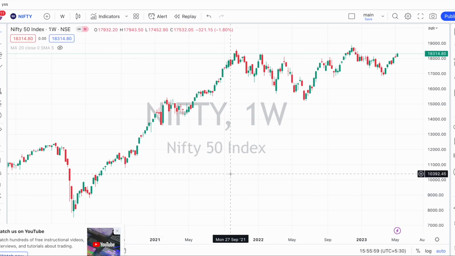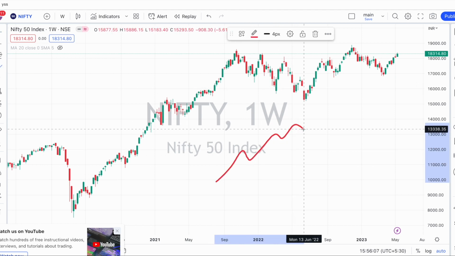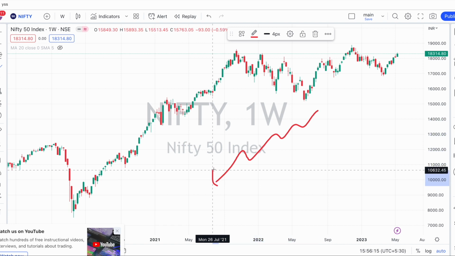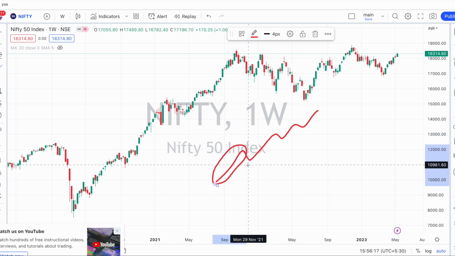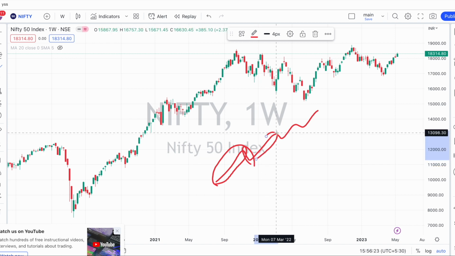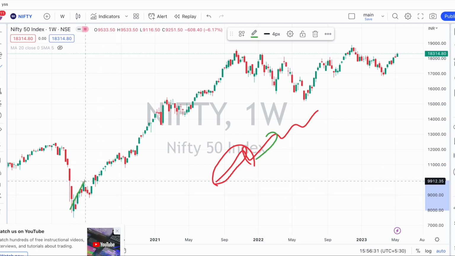So this is the chart that you have. If I ask you what kind of structure is this, this is an uptrend. Why? Because the move that you see is an impulsive move.